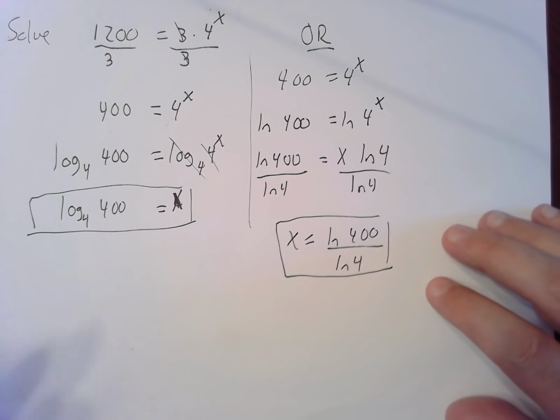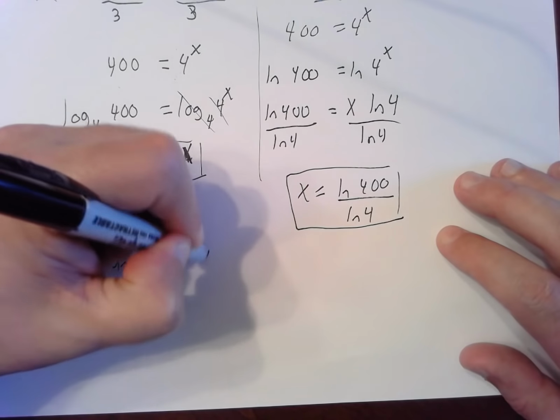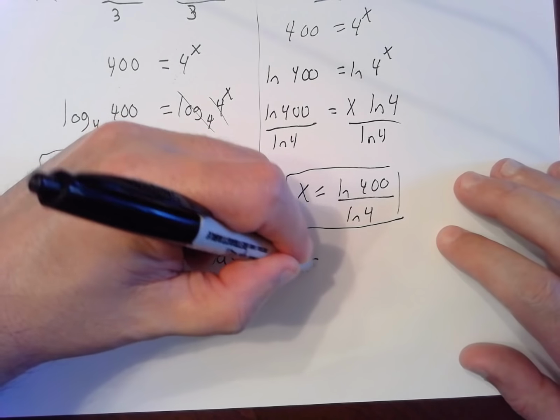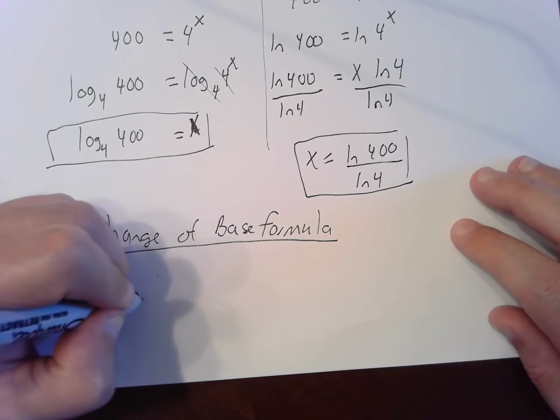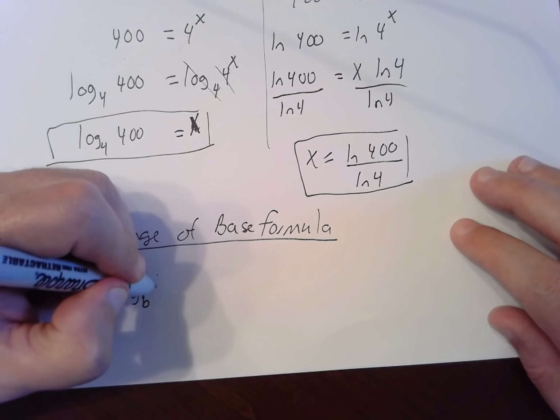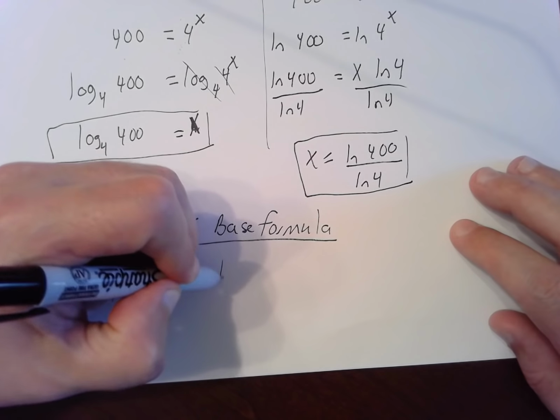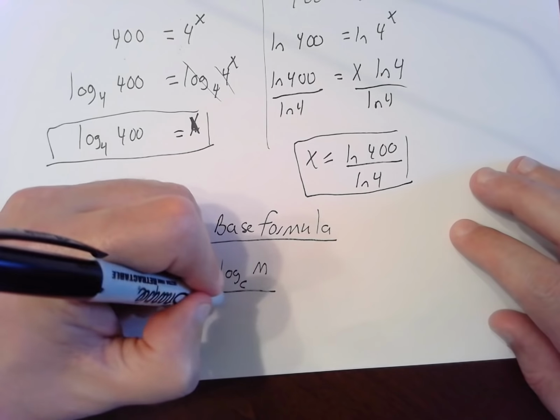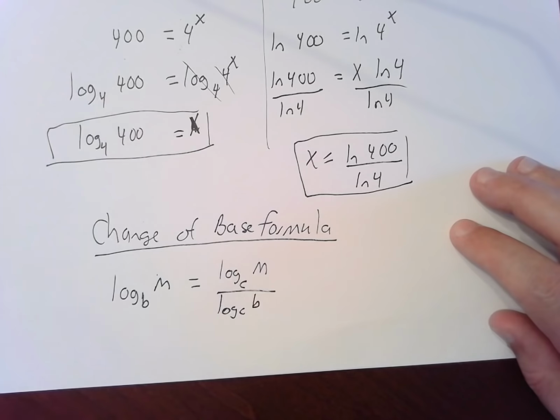We call that the change of base formula. And this says, if you ever want to write log base b of, let's say, m in a different base, say you want to convert to log base c, then it would be log base c of m divided by log base c of b.